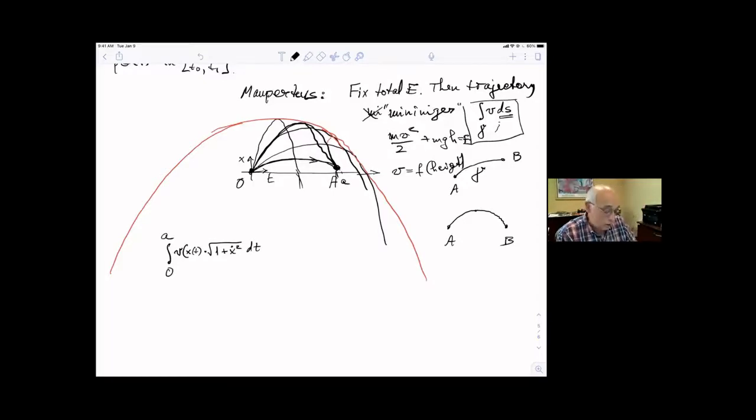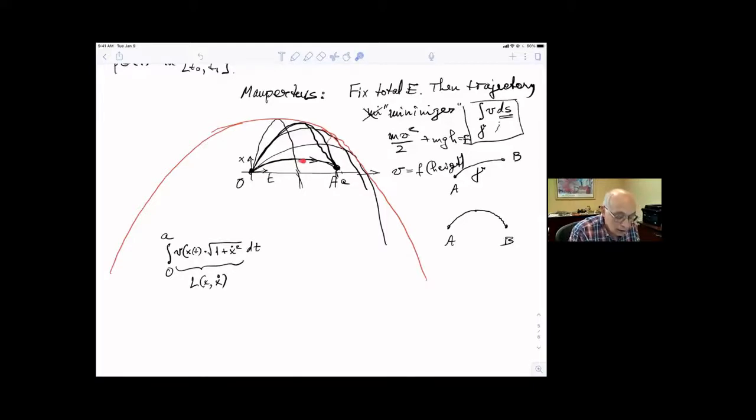So we want to minimize. You see, this is exactly of the kind, it's an integral of a function of x and x dot. So I'm bringing this up as an example of the general integral, but very palpable.